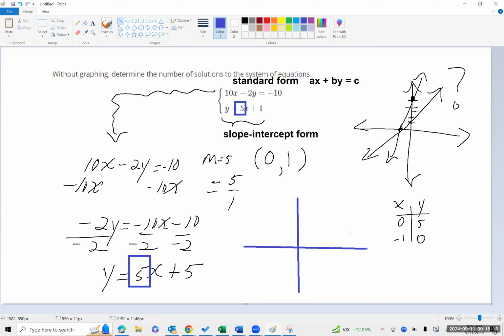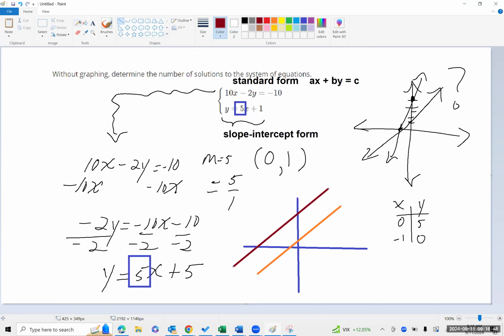The lines are just as steep. How do I know that? Because they have the same exact slope.